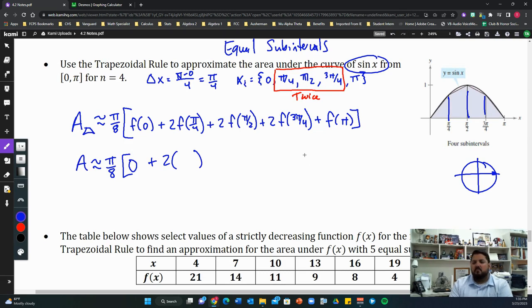At pi over 4, my y coordinate is root 2 over 2. At pi over 2, up top, my y coordinate is 1. At 3 pi over 4, also square root of 2 over 2. And then back down at pi, the y coordinate is 0. So we don't need to worry about the last guy.